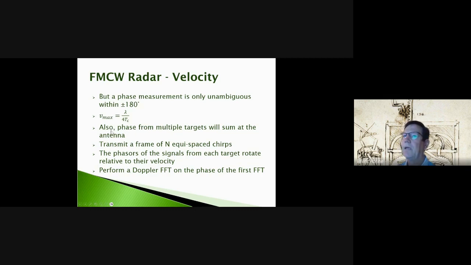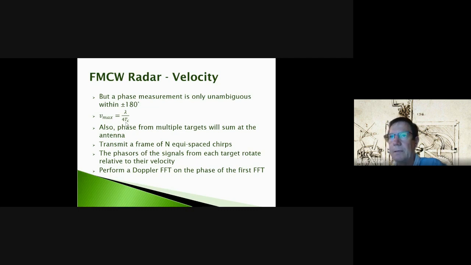Now, understand though that was all for a single target. If we have multiple objects out there, multiple targets, then we're going to have multiple signals coming back. And the phase from those will all sum at the antenna, right?